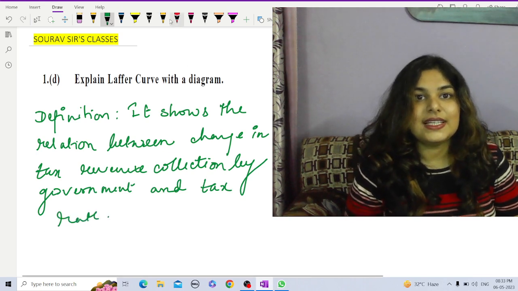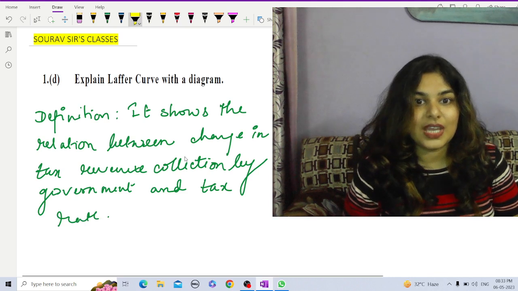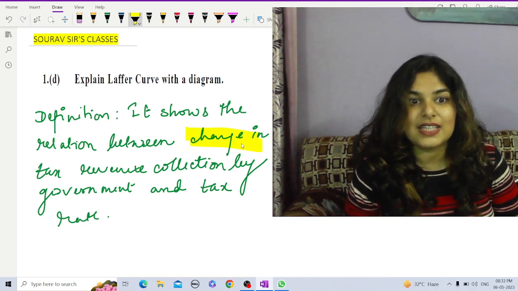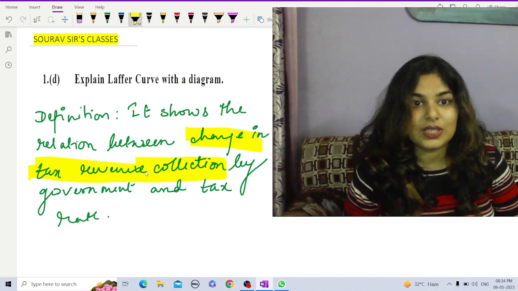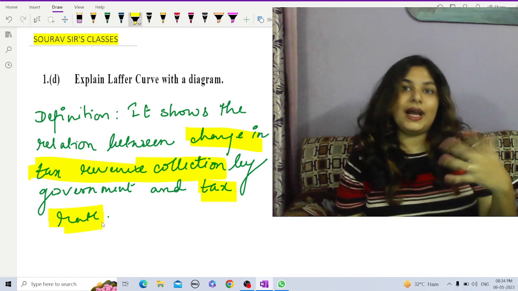So basically it is the relation between how the government changes the tax, and how the tax revenue collection of the government changes with the tax rate. Okay, so this relationship is shown by the Laffer curve.